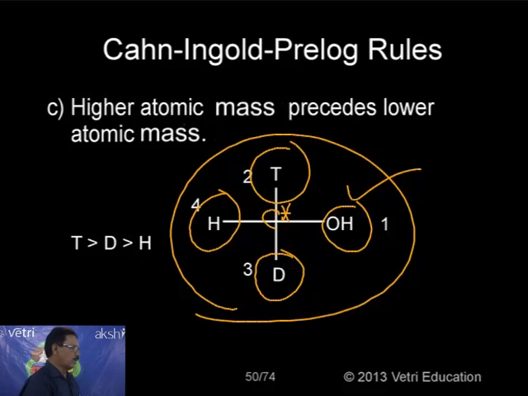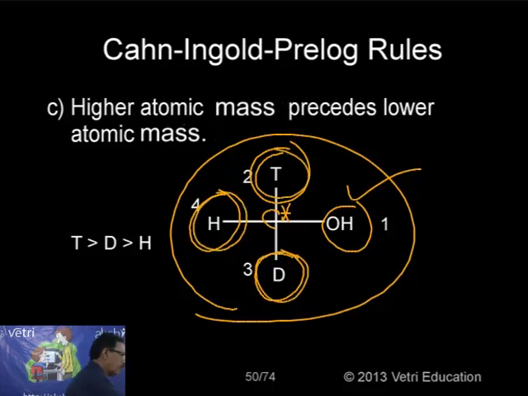But for number 2, protium, deuterium and tritium all have the same atomic number. When they have the same atomic number, we have to give priority by atomic mass. Tritium has a mass of 3, deuterium 2 and protium 1.